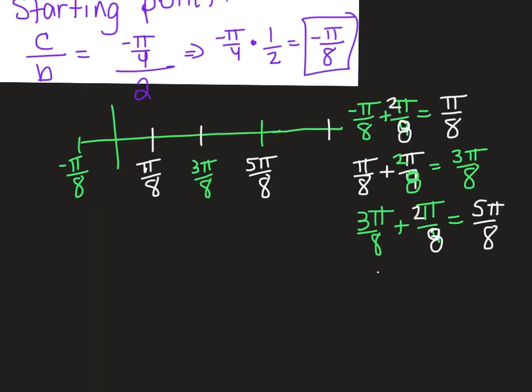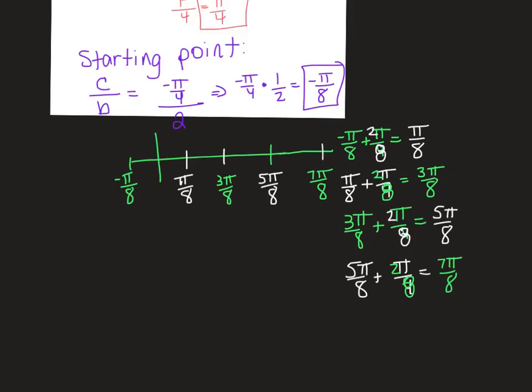If I have 5 pi over 8, and I'm adding a pi over 4 to it, this becomes what? 7 pi over 8. Anybody have questions on how I just found all of my little tick marks, my increments? Anybody? Everybody's okay? All right, now we can graph it.